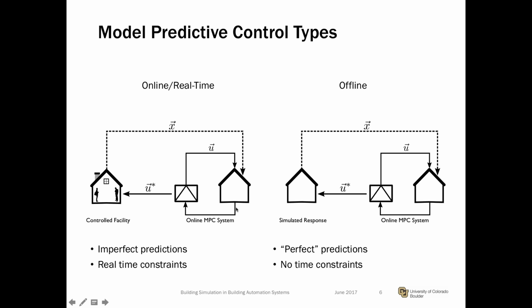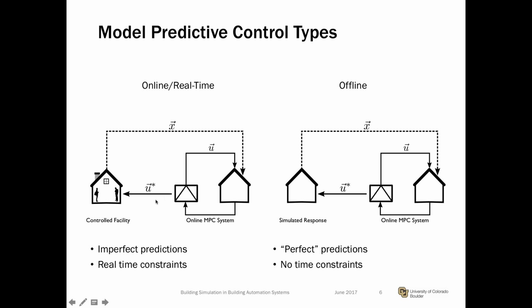Here we have a model, and the model is a control model that is simpler than the actual building or omits certain aspects that are not necessary. In this closed loop, you can see an online model predictive control system that tries to find the best control strategy U star, sends it to the building, and the building tells about itself through the state feedback vector X. And we do this continuously.